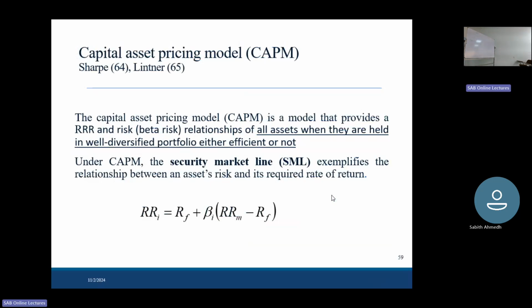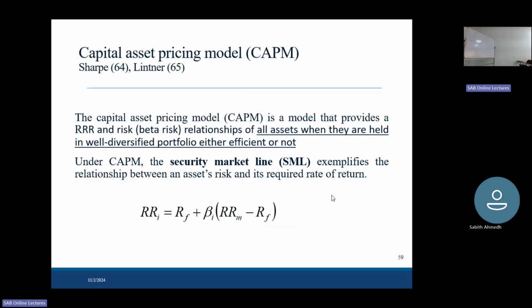If you search, you can identify that in the 1960s, three main scholars in Europe developed this CAPM model and received the Nobel Prize for it. Even today, we estimate the cost of capital using the Capital Asset Pricing Model.